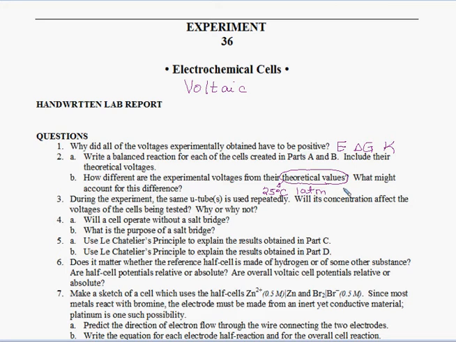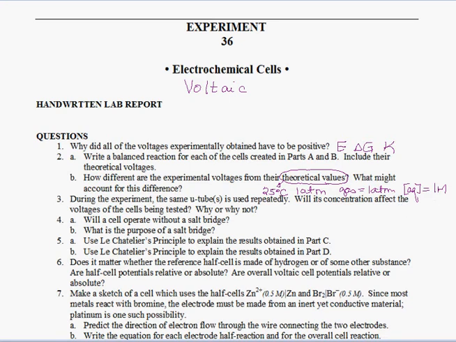In addition to that, every single gas that's present has to also be 1 atmosphere in terms of its partial pressure. And finally, every single aqueous solution has to have a concentration that is 1 molar. So as you look through your data, that might help kind of just create an answer as to why you might have some differences. And of course, there are a number of other reasons beyond that.